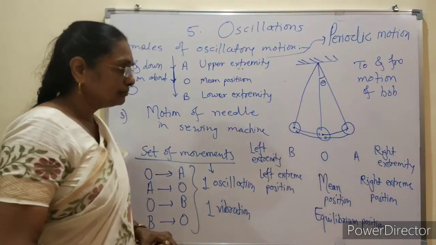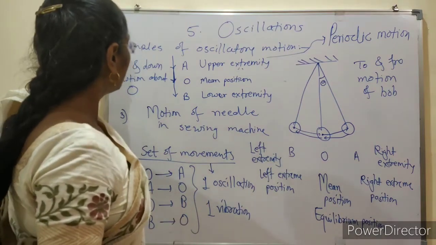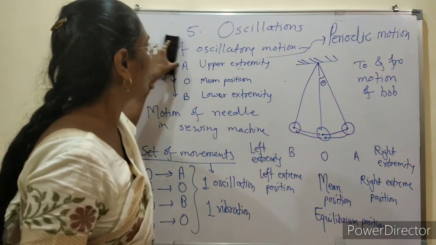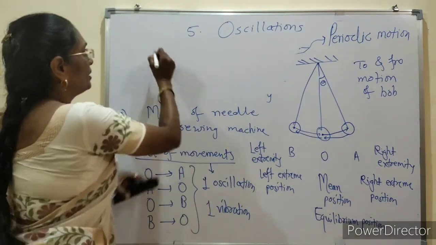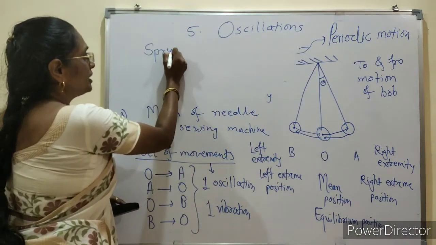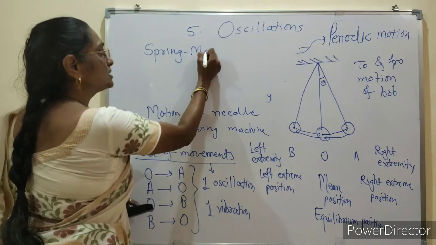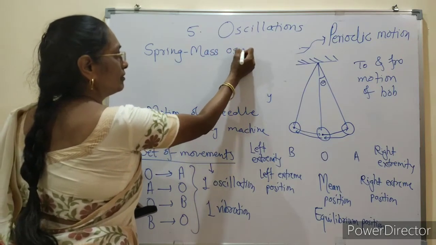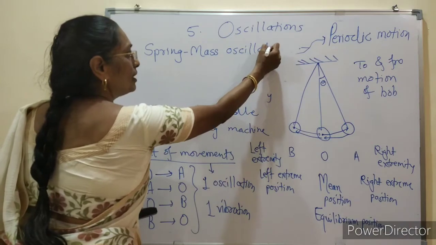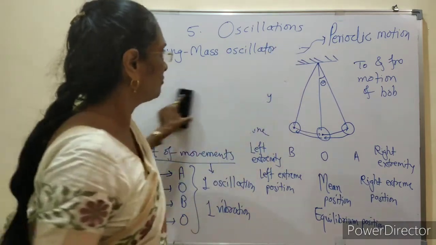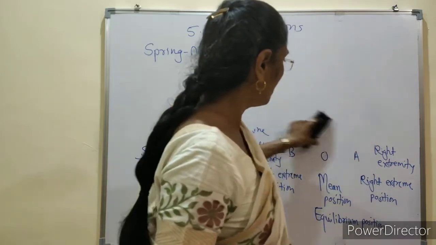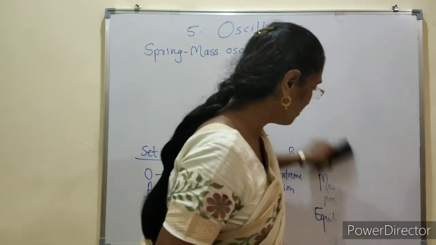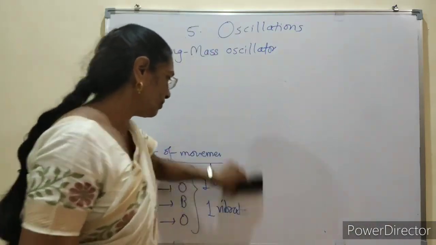So here we take one example of oscillatory motion. That example is the spring mass oscillator. In that example we have to study Newton's laws as well as the simple experiment.